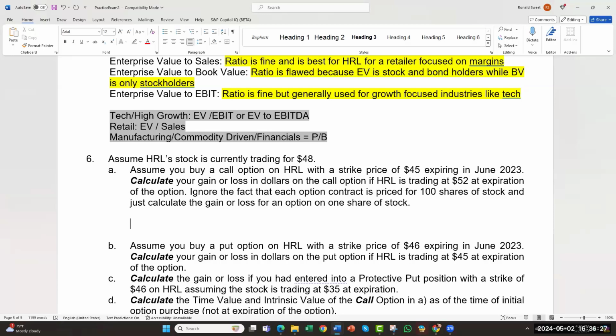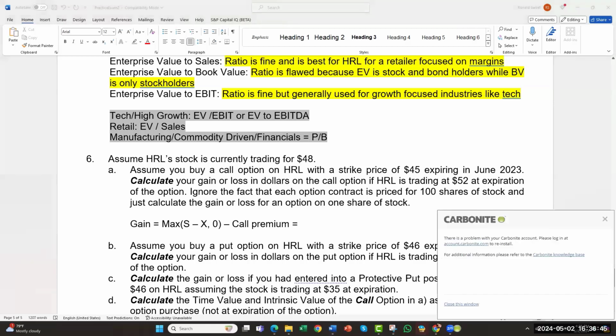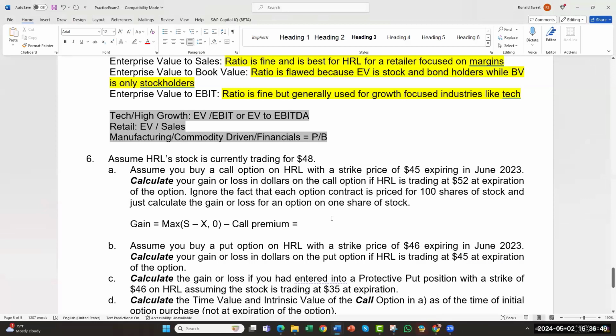So we got a call option, so we know the gain. Well, let's start. We'll do the gain. The gain is going to be the max of S minus X and 0, minus the call premium. So that's going to equal the max of... let's look at it.